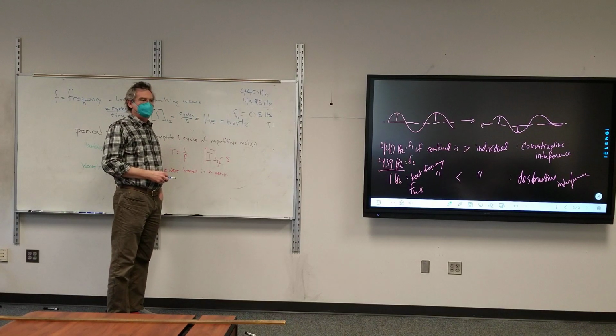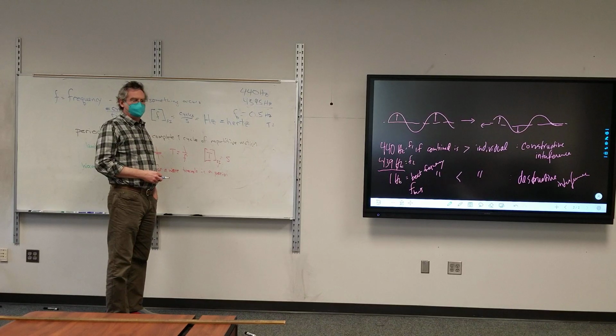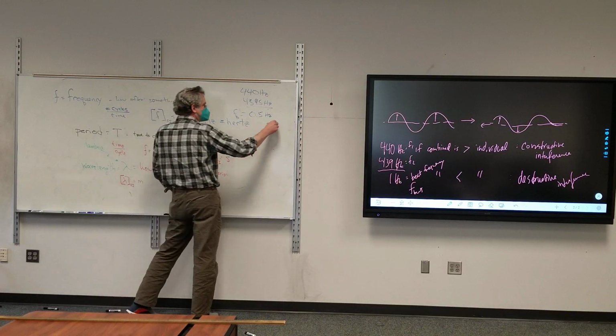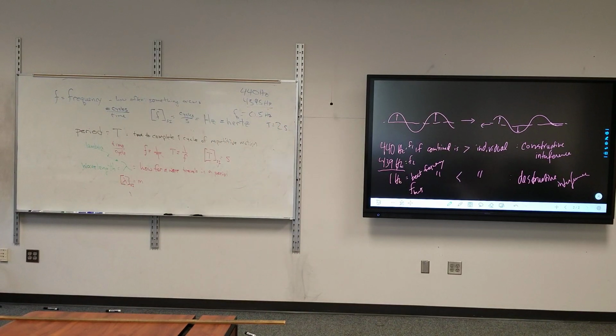It's 1 divided by 0.5, which is 2 seconds. So the closer we get, the longer it takes to complete the cycle. So here's 439.5 and 440. 1001, 1002, 1001, 1002.